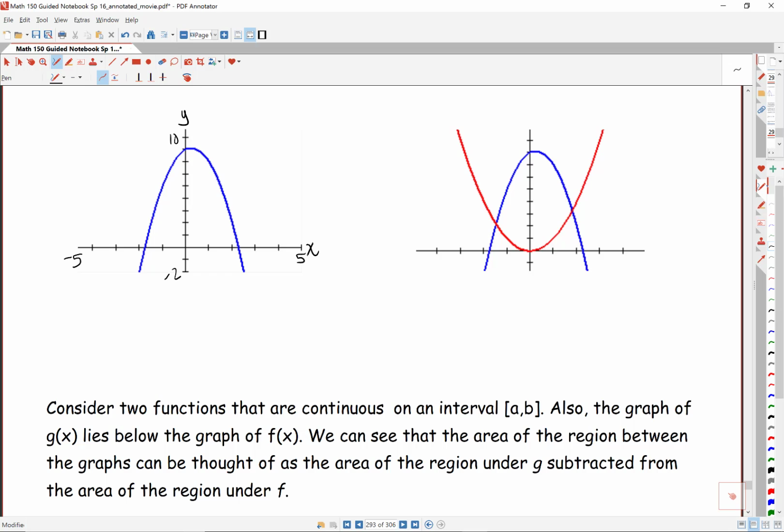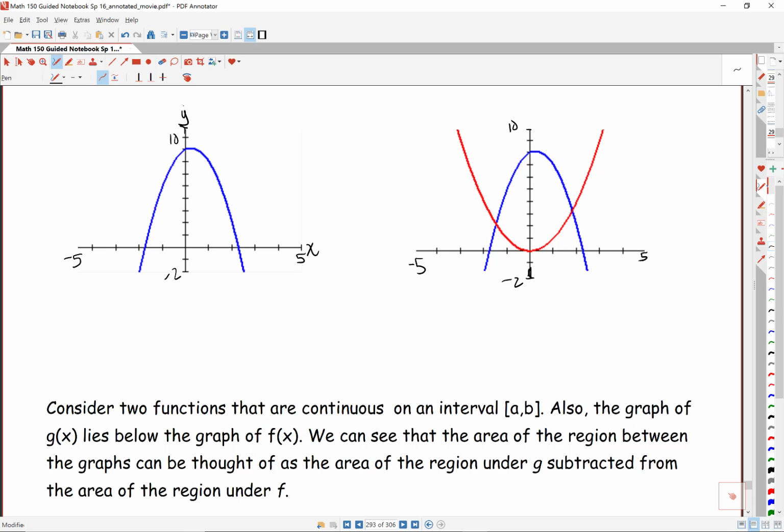And then same thing over here: -5, down here was -2, and up here is at 10. So the 10 for this one would be up here.